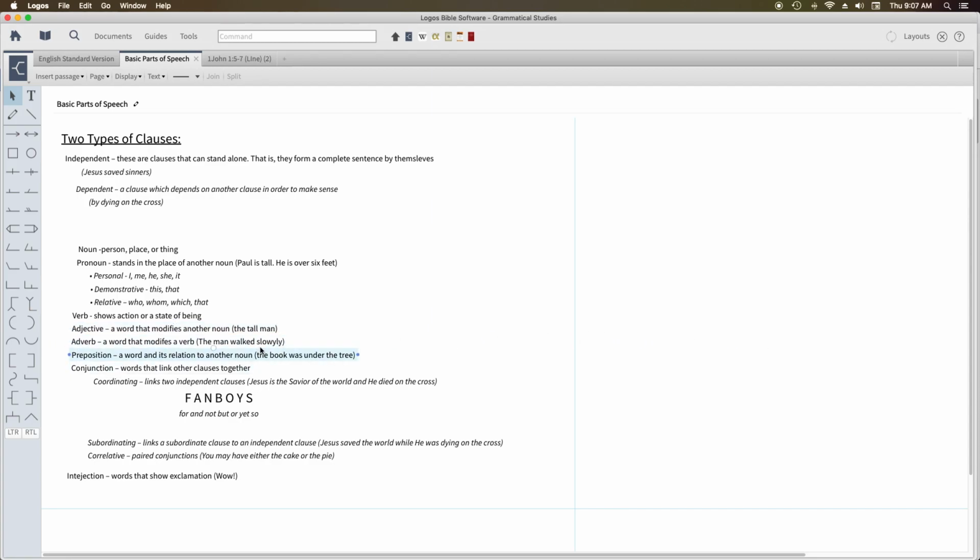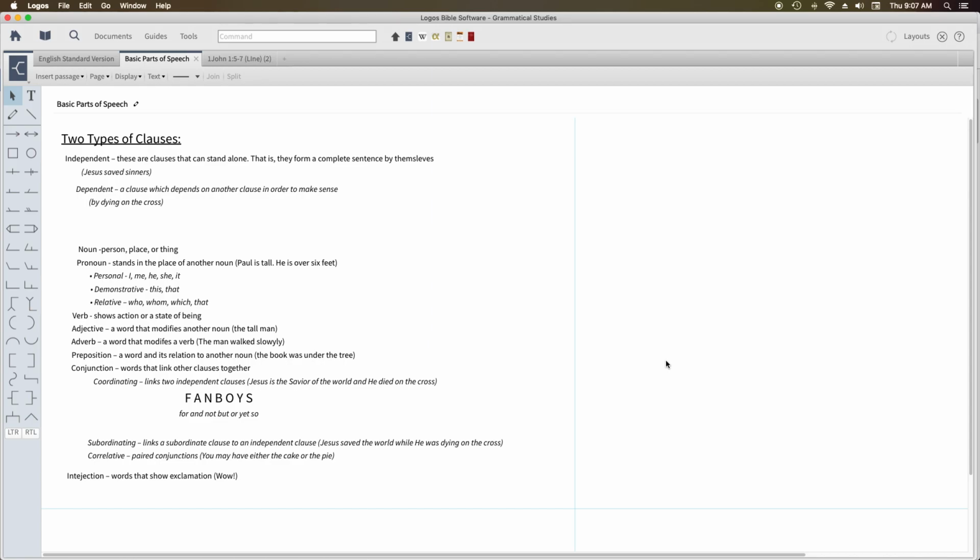Then you have prepositions. Prepositions are words that show the relationship between the preposition and another noun. With a preposition, you'll always have a prepositional phrase, and a prepositional phrase will always have an object called the object of the preposition. The object of the preposition is not the noun we're looking at to show relationship.